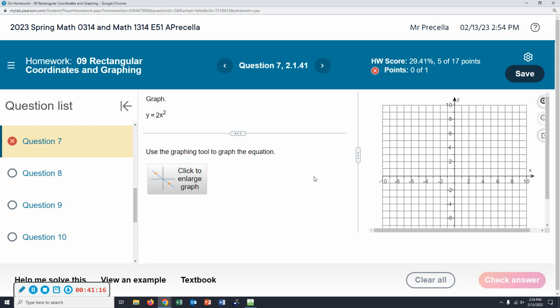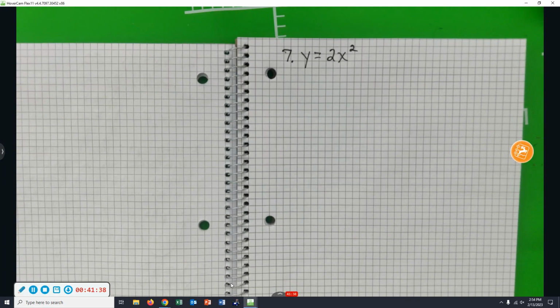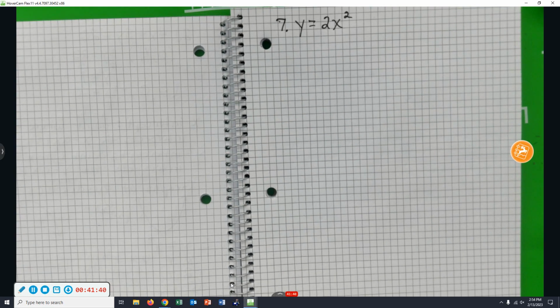Number 7. If you're wondering about number 4, I'm going to go back to it. But I wanted to do this one while you were thinking about the 3-point quadratic tool. In order to use the 3-point quadratic tool, you have to come up with 3 points.